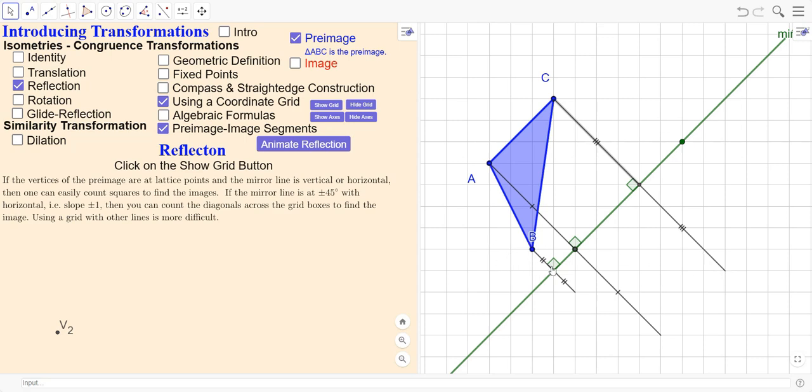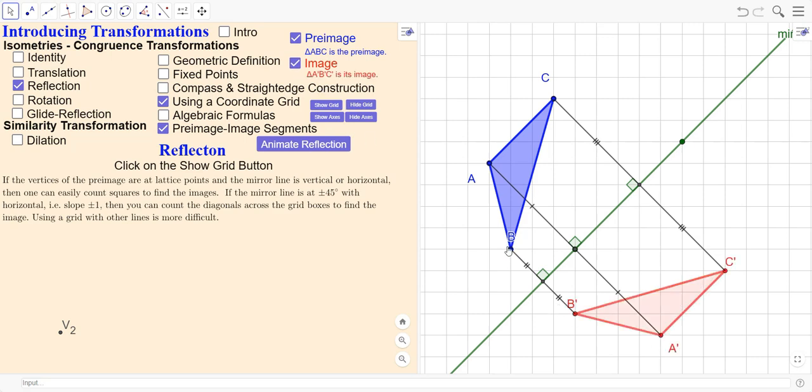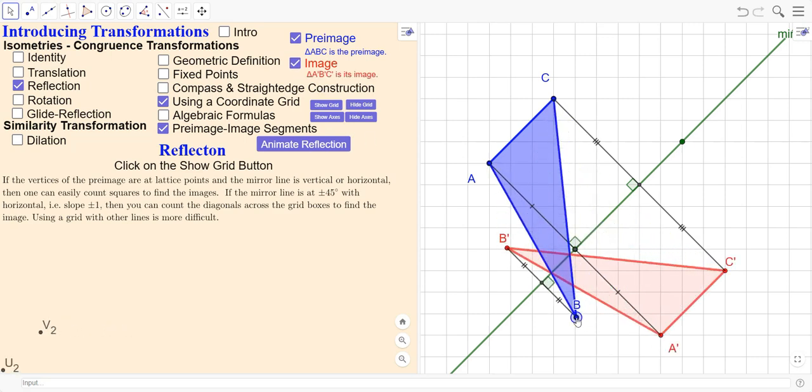Here's B, it's just coming in 1, so we go there. So this one is coming in 1, 2, 3, 4 diagonals here, so 4 on the other side. Sometimes when you do these, you may have a half. So look, this is 1.5, so that there's a half, 1.5. And so that gives you your image. Once again, if the pre-image happens to cross the axes, of course, you're going to have fixed points there.